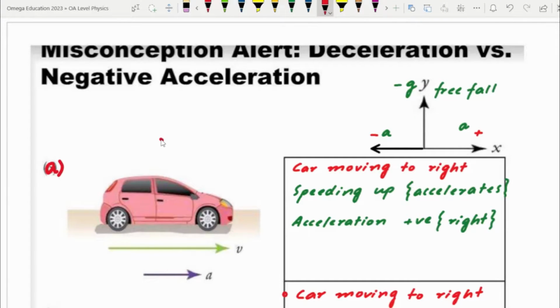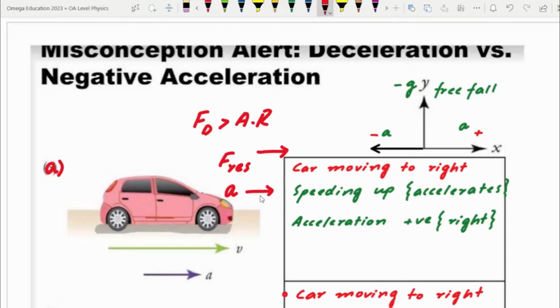Because the resultant force would be on the right side, since the driving force would be greater than air resistance, and the resultant force would be in the direction of the driving force, towards the right side. Whatever the direction of the resultant force is, the same is the direction of the acceleration.